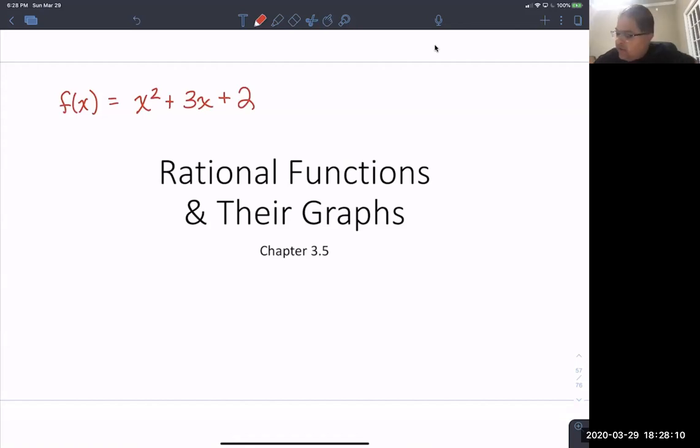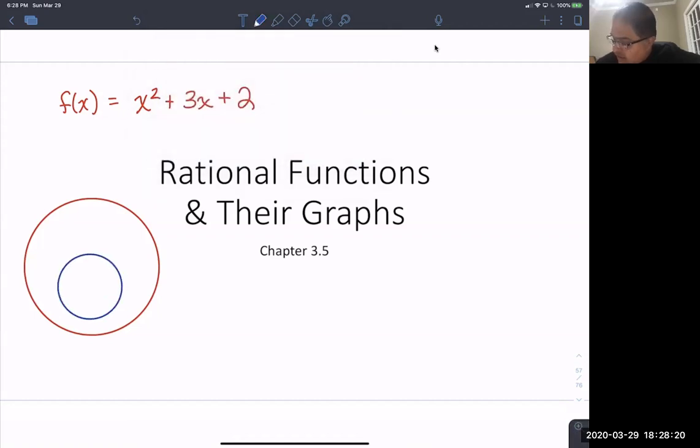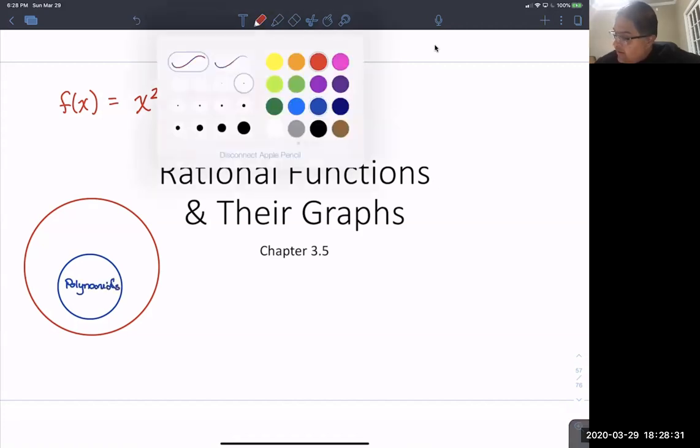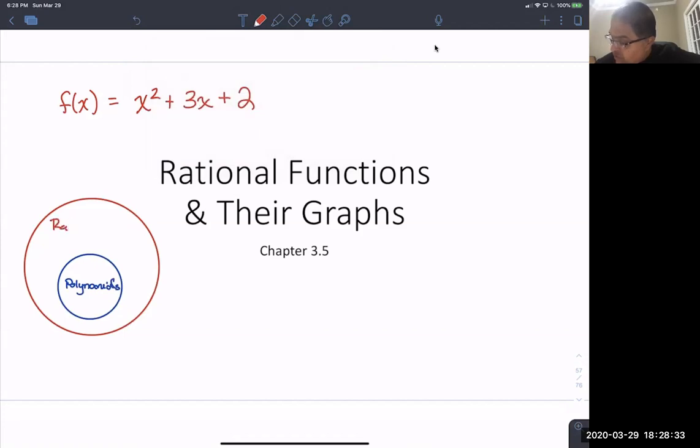But if we drew a Venn diagram, polynomials are a specific type of rational function. So these are my polynomials. So in this diagram, these will be my equations that are polynomials. And this will be my category of rational functions.